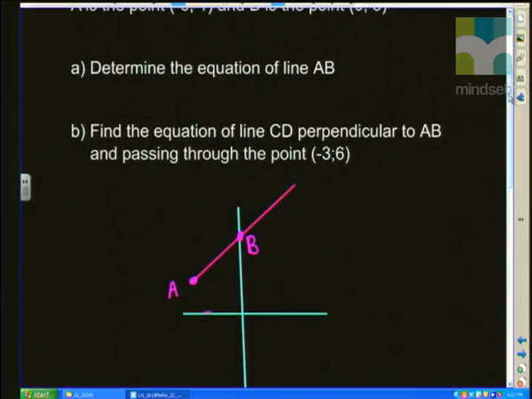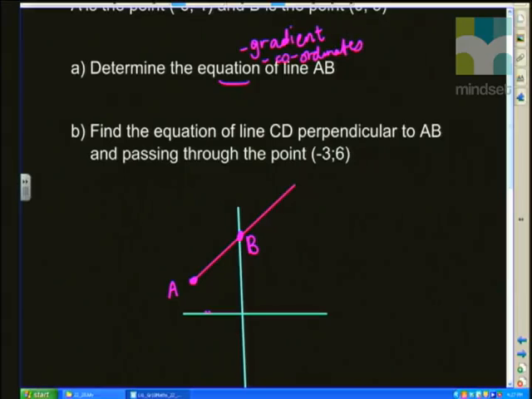Okay, now remember, whenever you're looking for the equation of the line, you need 2 things. You need your gradient, and you need a set of points. Okay, so you need some coordinates. All right, you've got 2 points here.